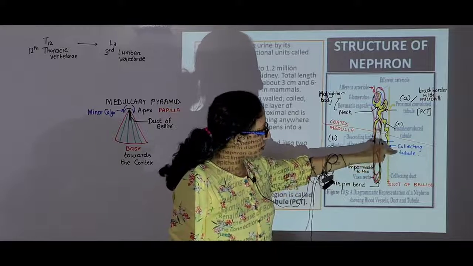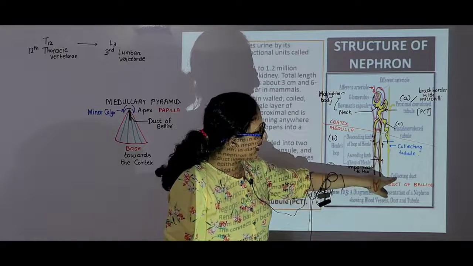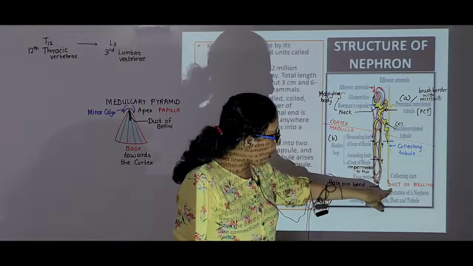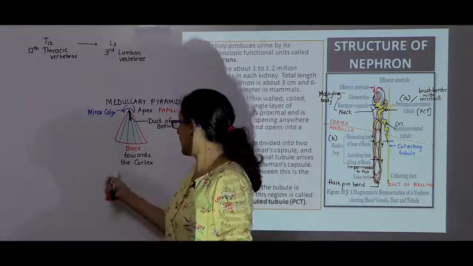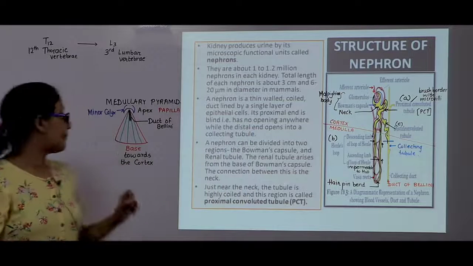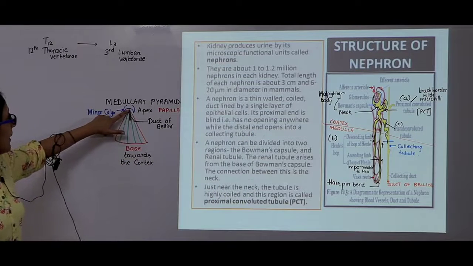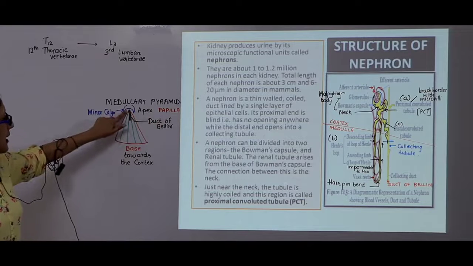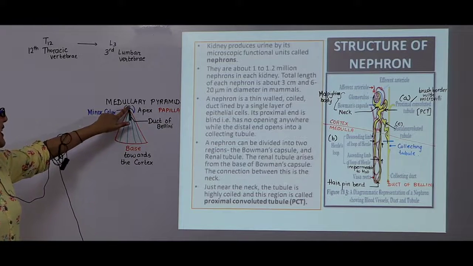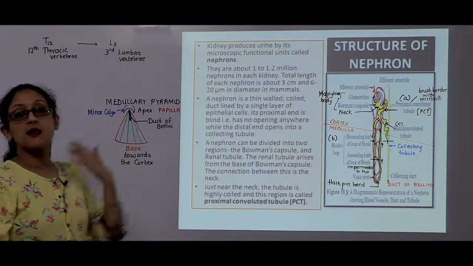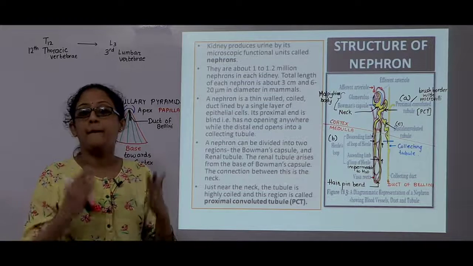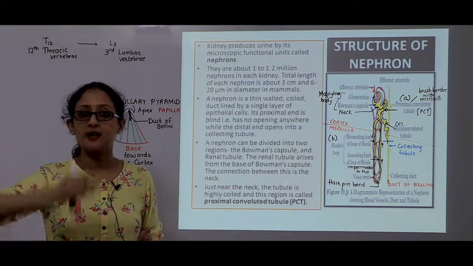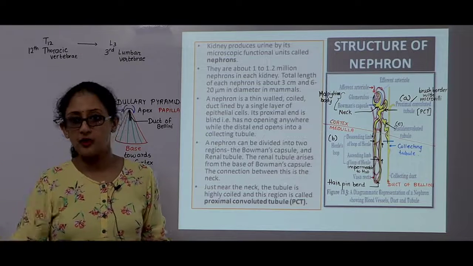Many collecting tubules will join together to form the collecting ducts, and finally the ducts will form one duct of Bellini. That duct of Bellini will now open into the apex or the papilla of the pyramid, and from there the urine will be collected by the minor calyx, major calyx, pelvis, and then into the ureter, urinary bladder, urethra, and out of the body.